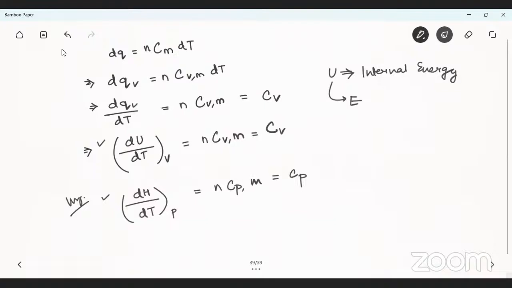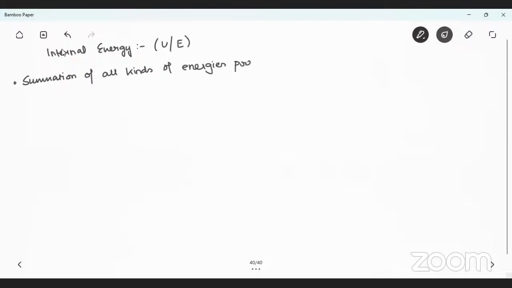Next we start with internal energy. Internal energy is U or E. It is the summation of all kinds of energies present in the system.